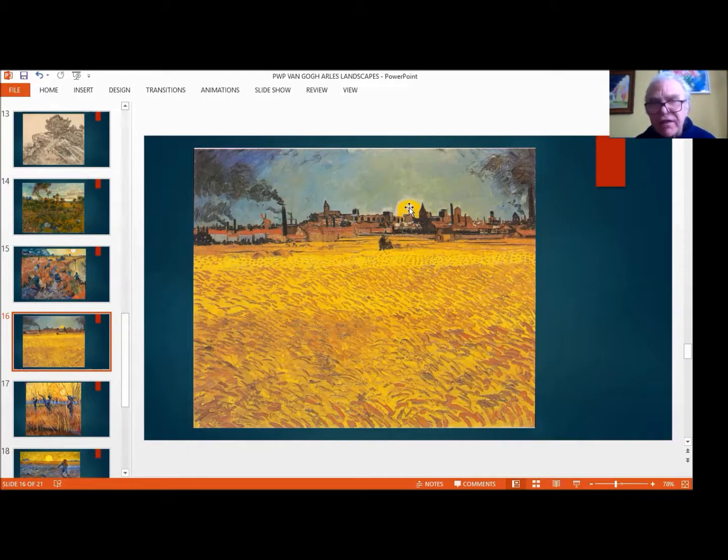The orb of the yellow sun is setting against an almost silhouetted townscape with warm terracotta colours, which is offset against the golden hues, violet reds, warm reds, oranges and terracottas of the wheat field in the height of summer, but it's also offset against this industrial scene, the smoke coming from the chimneys. In fact, there's even a windmill there.